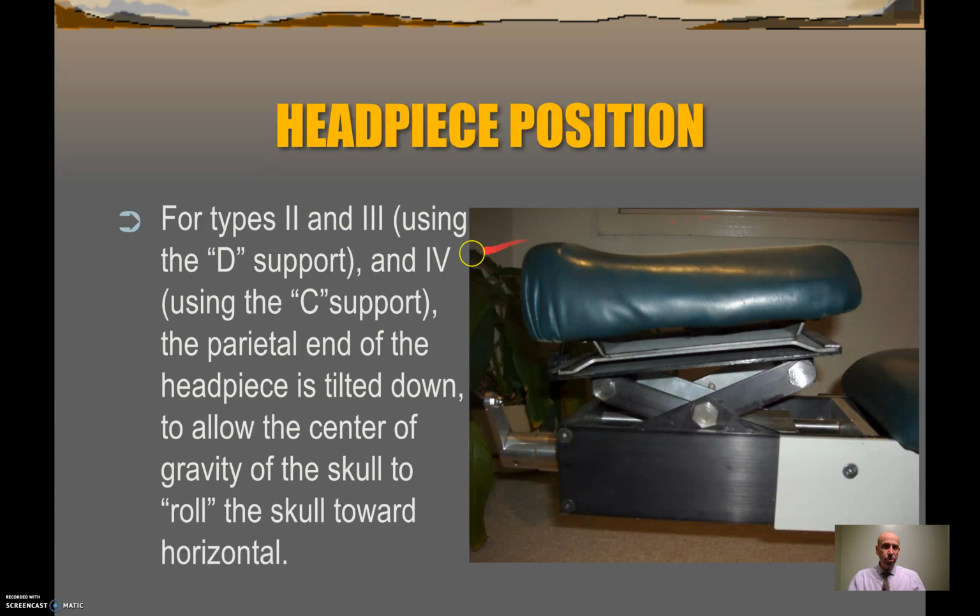For types 2 and 3, using the D support, so here the square headpiece has been rotated to present the rounded headpiece here, so this is the D support. Or for type 4, which you would use the support at C, and of course this would be on that end, the parietal end of the headpiece is tilted down. In other words, this portion is moved down to allow the center of gravity of the skull to roll towards horizontal.